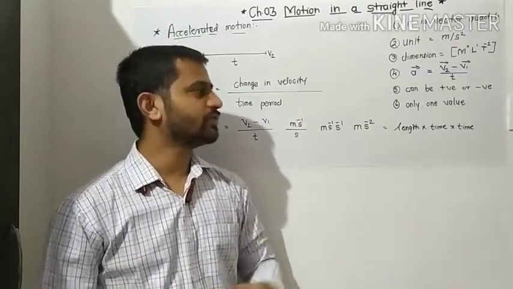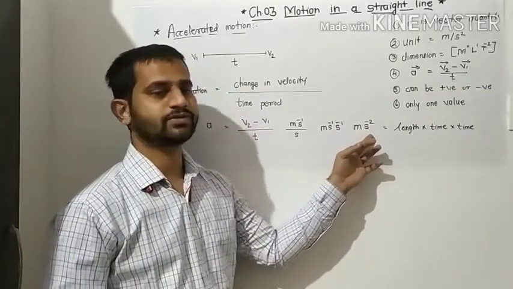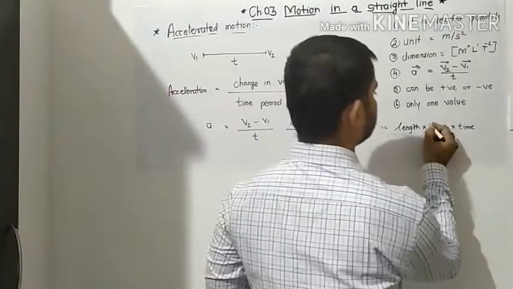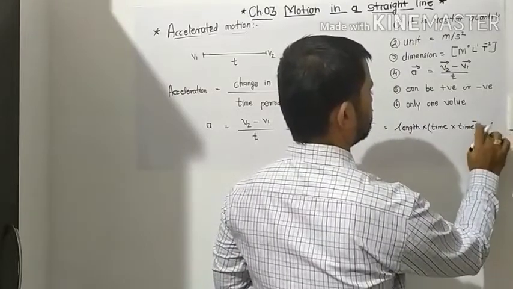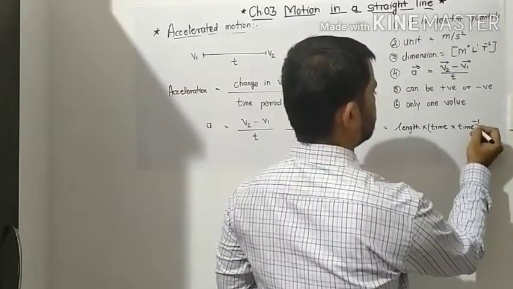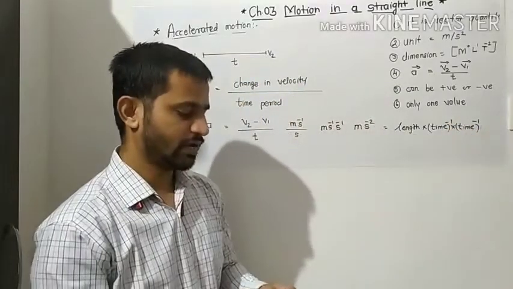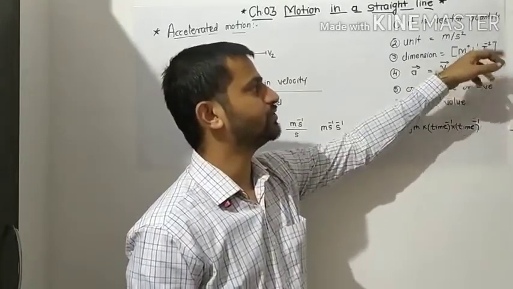Then the dimension we have seen here: meter per second, that is length into time raised to minus 1, and for meter per second square, length into time raised to minus 2. That's why we take M raised to 0, L raised to 1, T raised to minus 2.